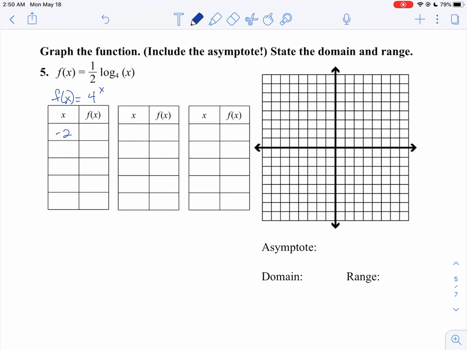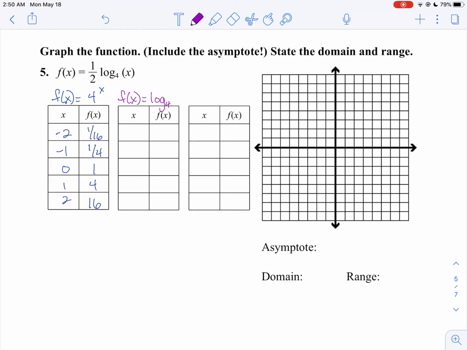Then if I use -2, -1, 0, 1, 2, 4 to the -2nd power, the reciprocal would be 1/4, squared would be 1/16. 4 to the -1st would be 1/4. Anything to the 0 power is 1. 4 to the 1st is 4. 4 squared is 16.